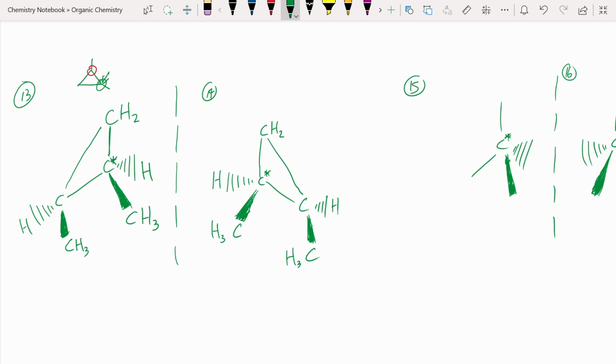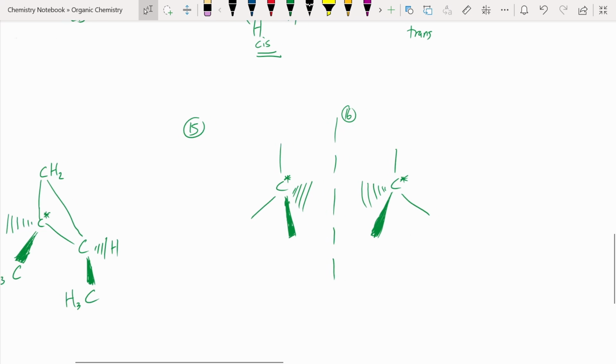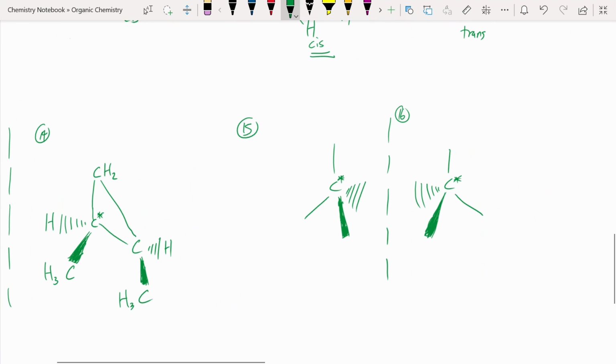Now let's take a look at 15 and 16 because there's another chiral carbon over here. We're just gonna do the same thing as before, but recall that for every chiral carbon there will always be 2 enantiomers.